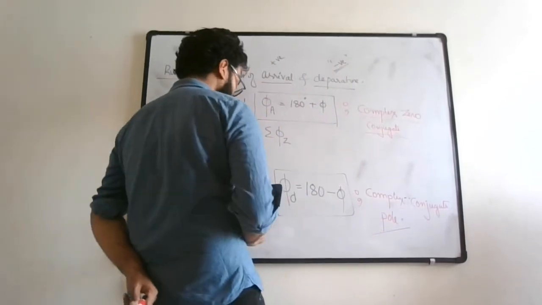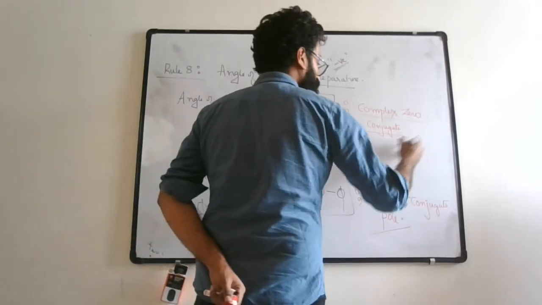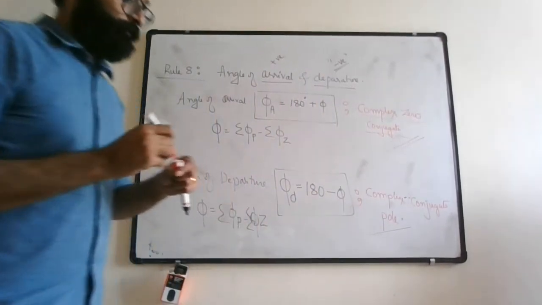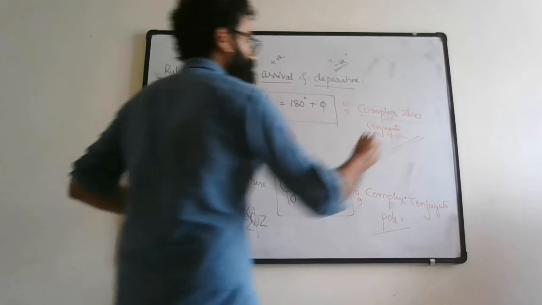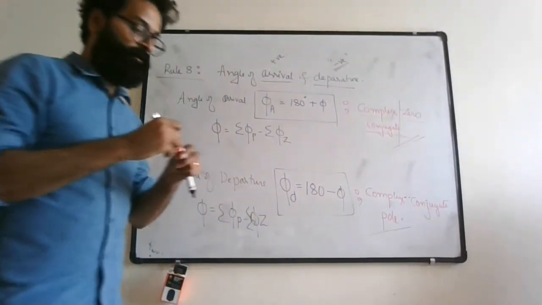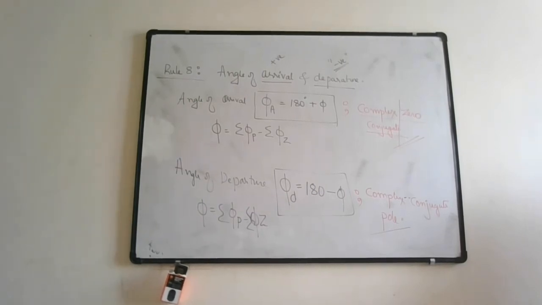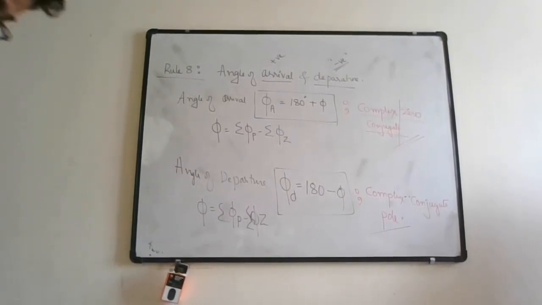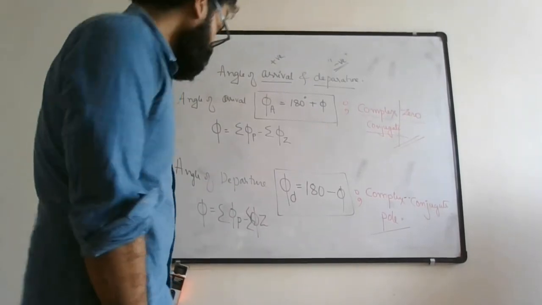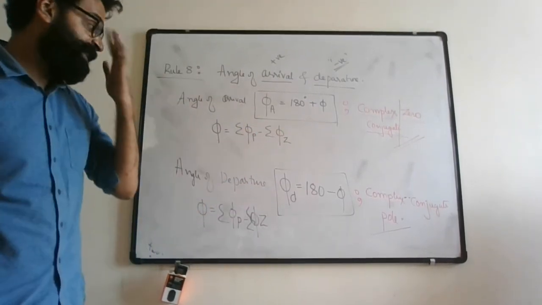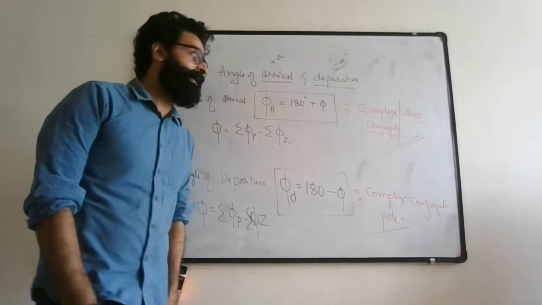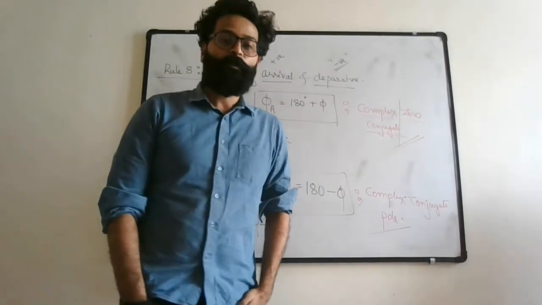One is applicable for complex conjugate zeros and one is applicable for complex conjugate poles. So how to find phi p and phi z? I will discuss when I handle such problems.